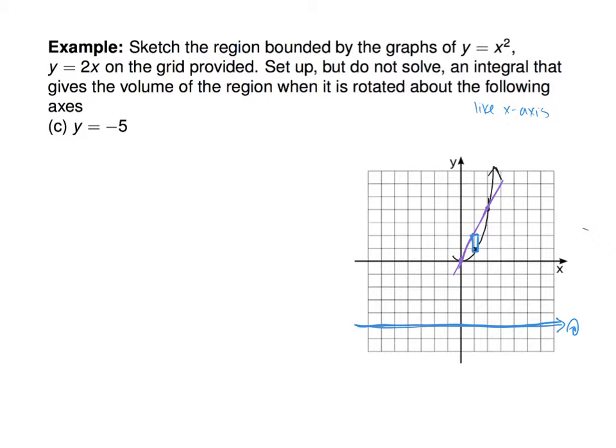Which curve is outer, purple or black? Purple is. Okay, so to get all the way to that outer curve, you first have to go up to the x-axis. How far is that? 5. And then out to the purple curve, which is 2x. So r out is 5 plus 2x, or 2x plus 5, right? R in is the distance from the axis of rotation to the inner curve.